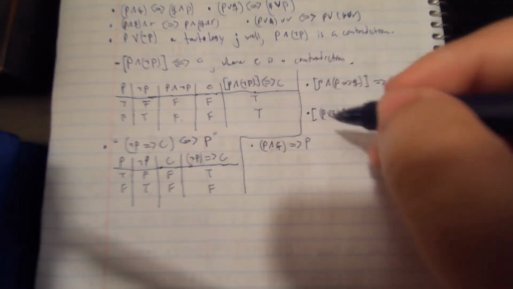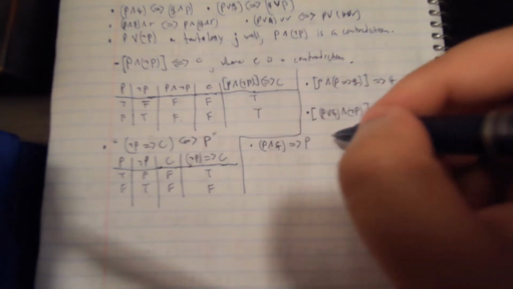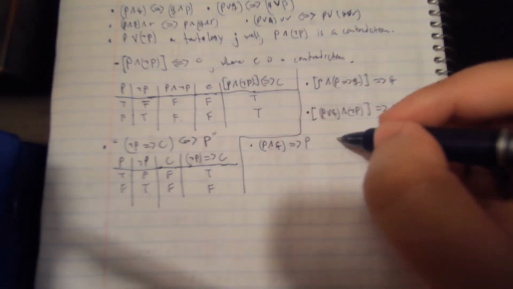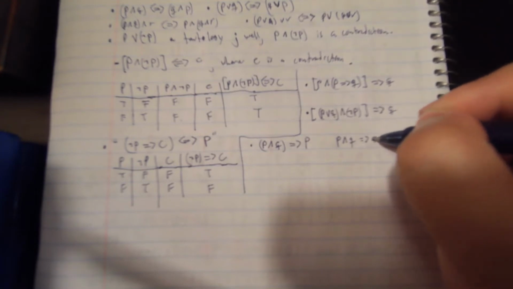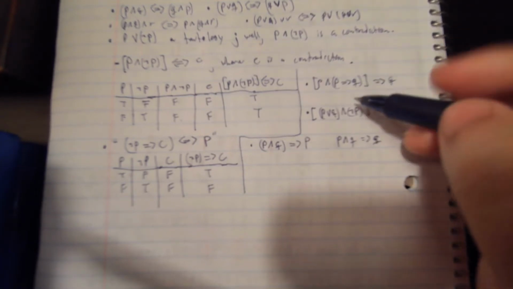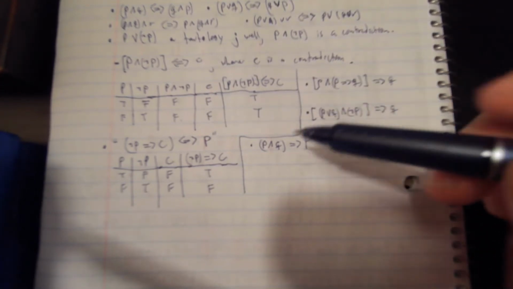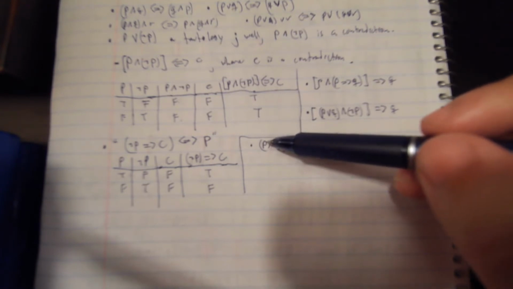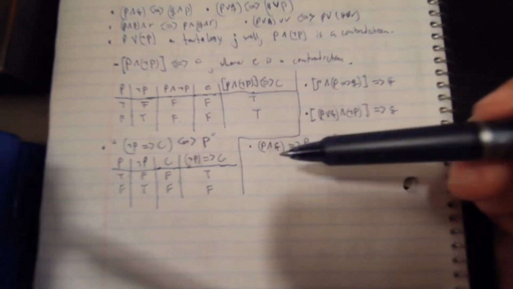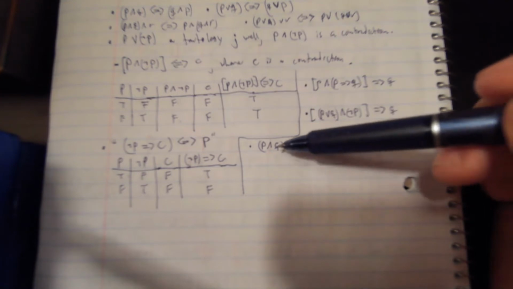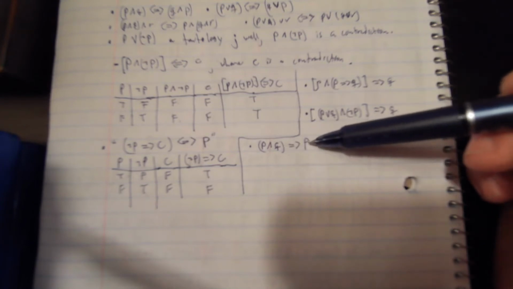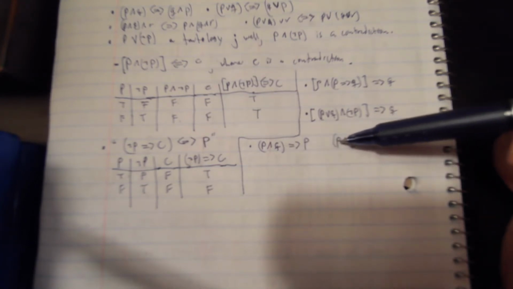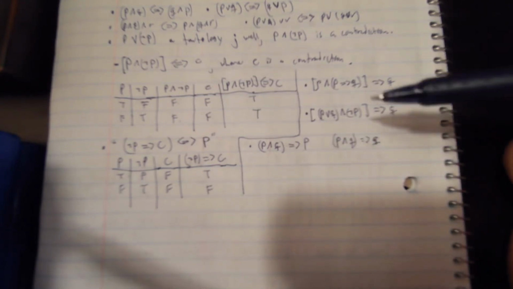This would also work if it said if P and Q, then of course Q. You can come up with your own sentences. If you have an object that's blue and a car, then it's definitely blue. If you have an object that's blue and a car, then it's definitely a car. Whatever, right?